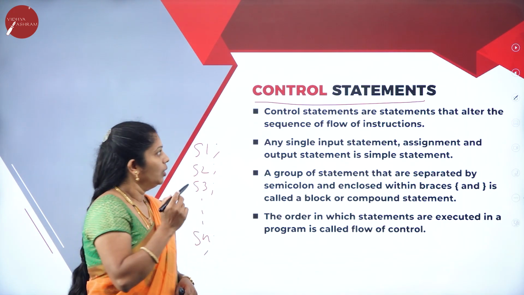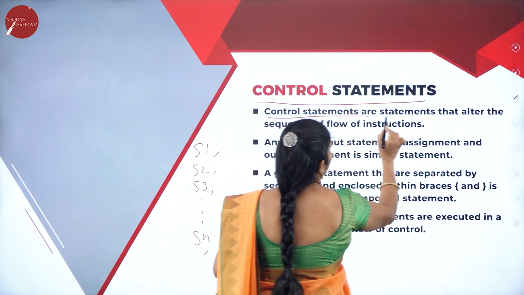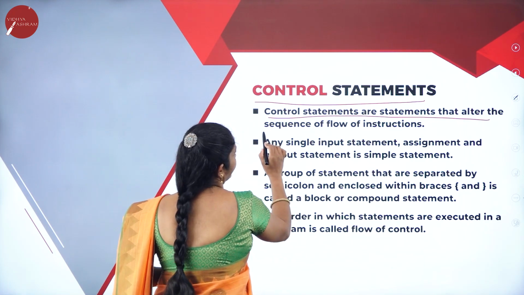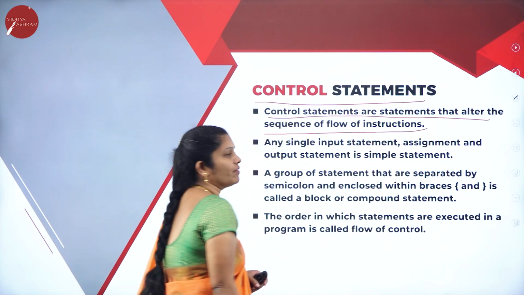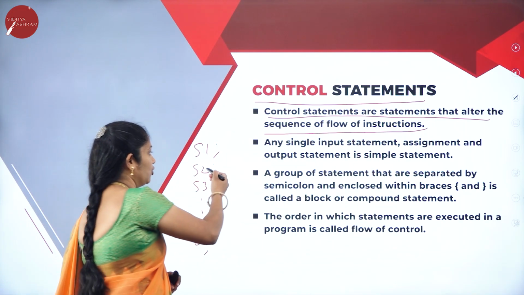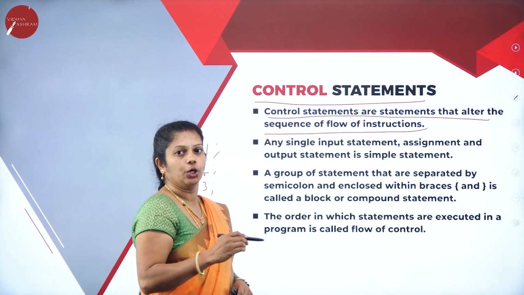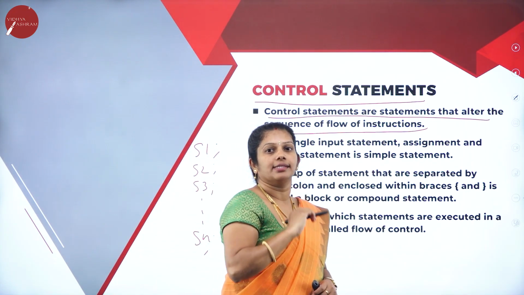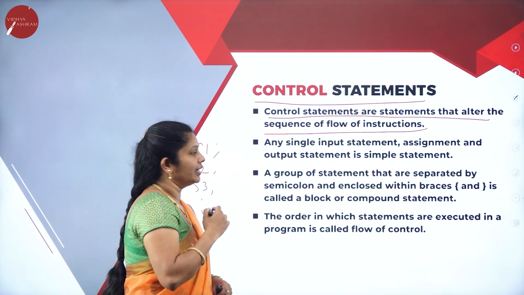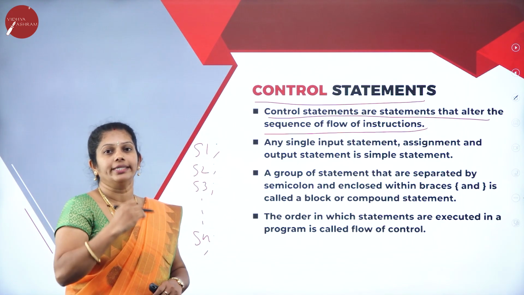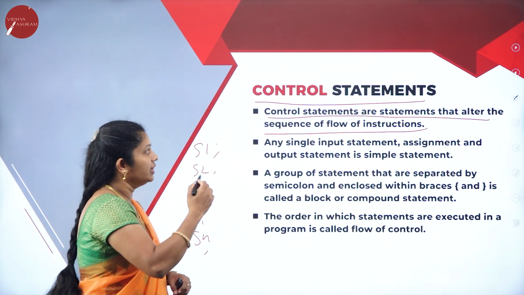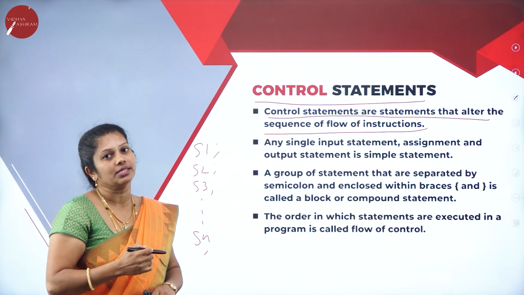Control statements are the statements that alter the flow of instructions. If all the statements are executing one after another, then we call it a sequential statement. Under control statement, it helps to alter or change the sequence of execution of the statements.